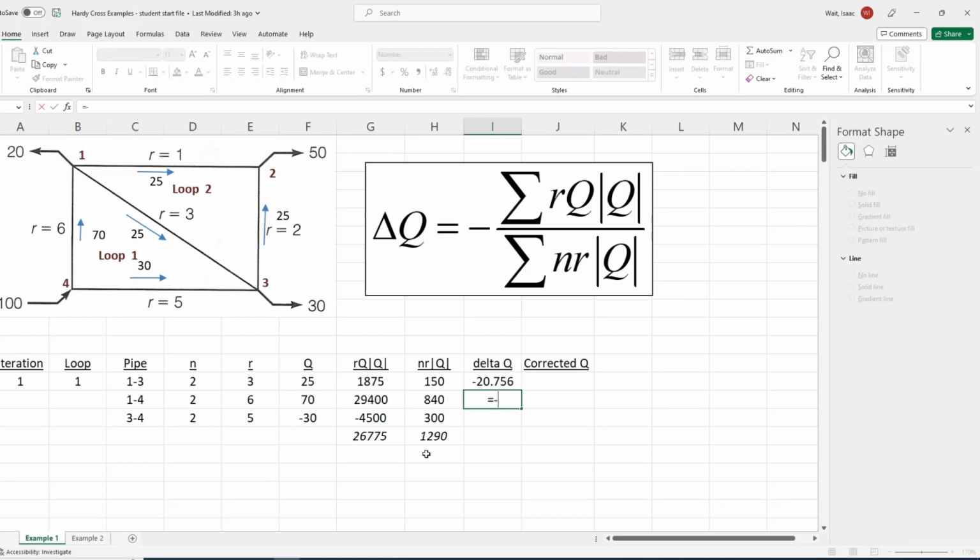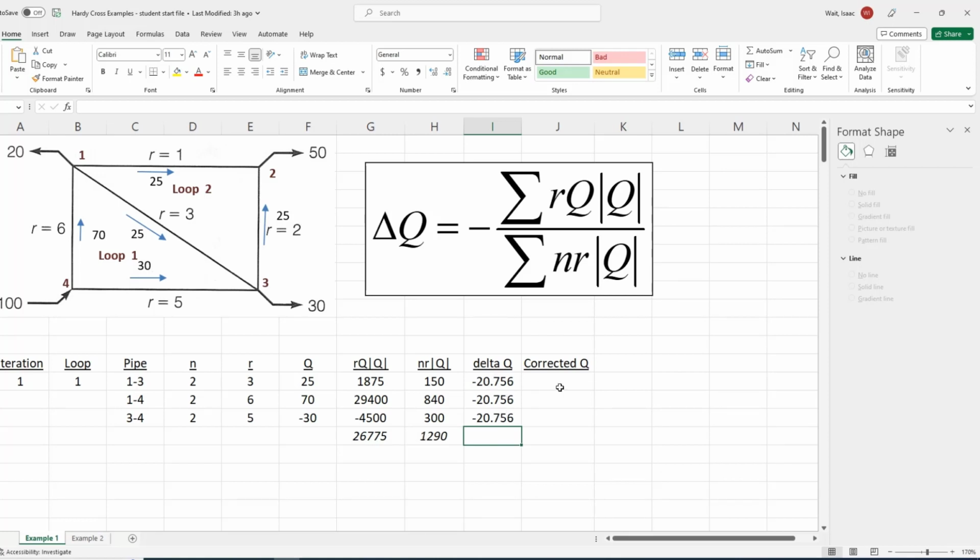Equals negative this divided by that. By typing it in these 3 times, I'm going to be able to copy this whole block and paste it down. And so my subsequent iterations will automatically calculate this correction factor.